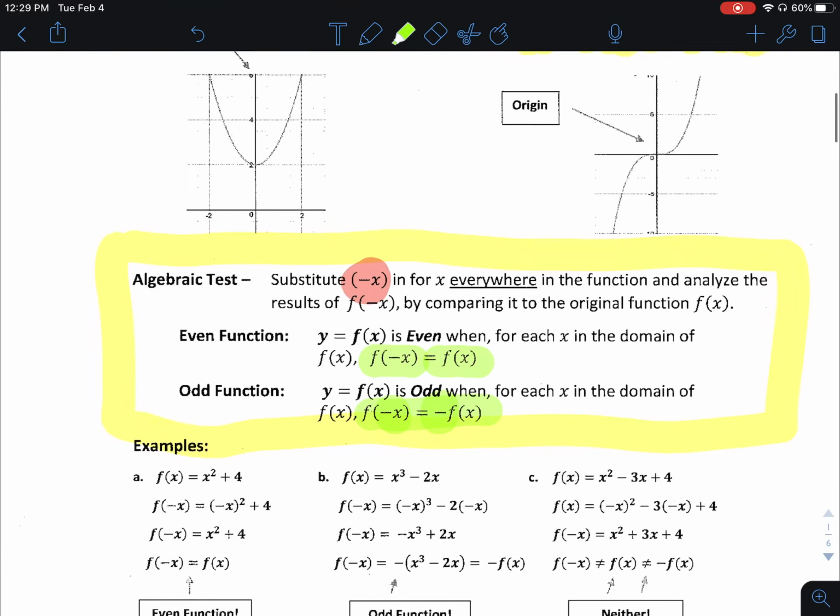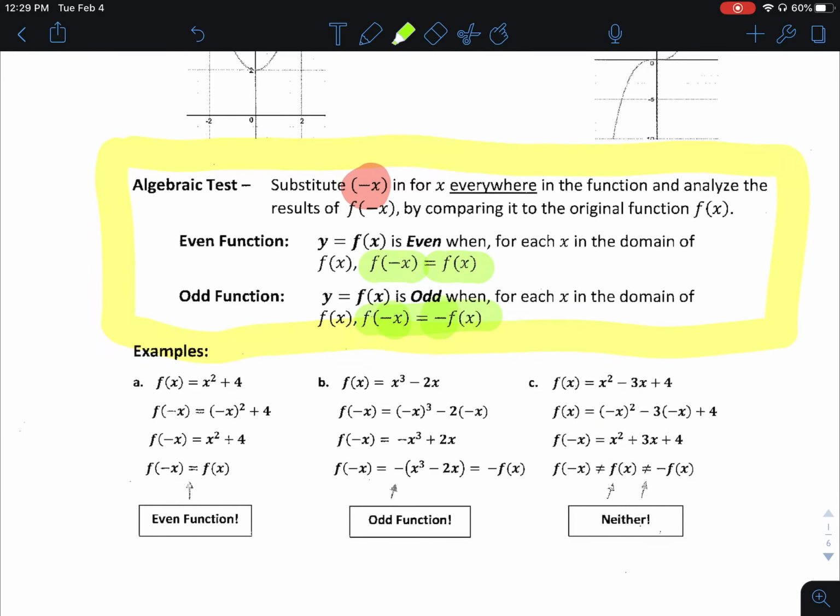Okay, so down here at the bottom, these are 3 examples. On the first one, our original is x squared plus 4. So I replace x with negative x. So let's think about this. If I have a negative x squared, let's throw a number in there. If I have negative 2 squared, that is negative 2 times negative 2.